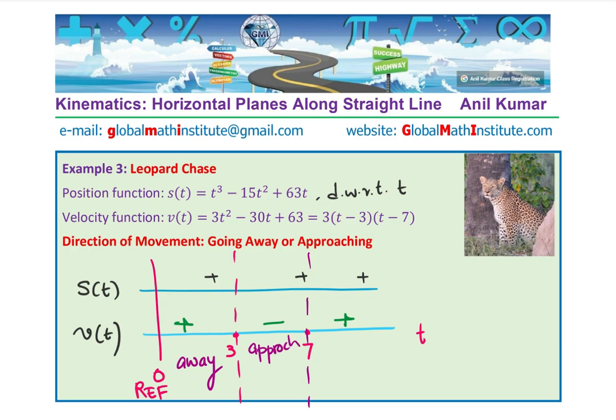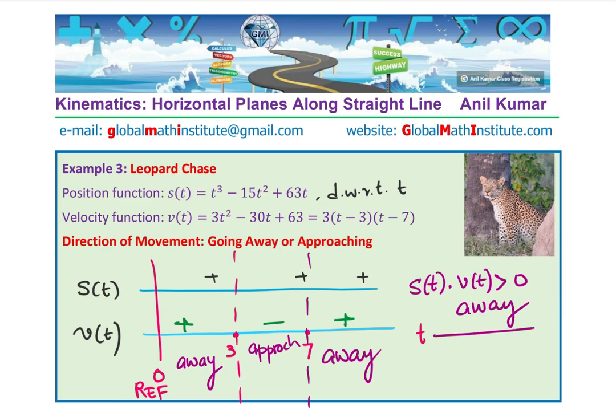So whenever the velocity and displacement signs are same, then it is going away. You get the idea. So we can summarize that if the product of displacement with that of velocity is greater than 0, then it means away.